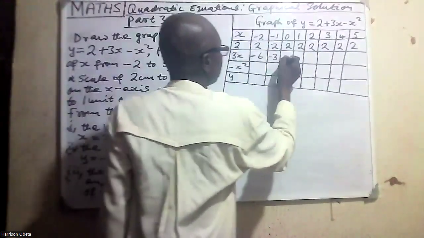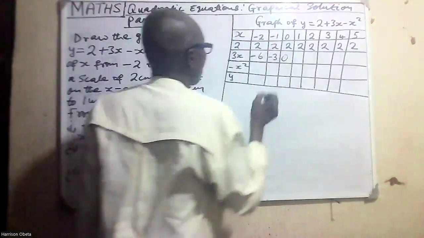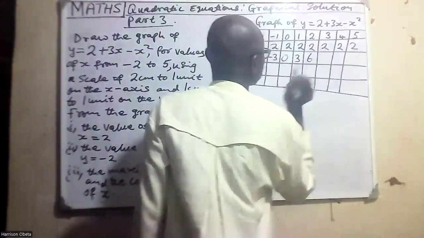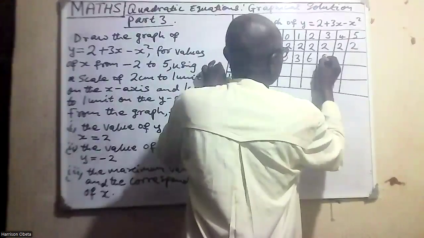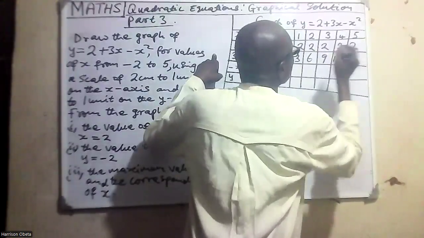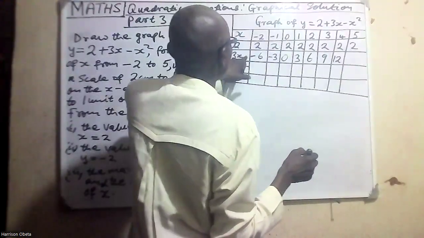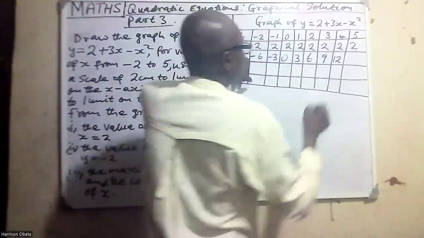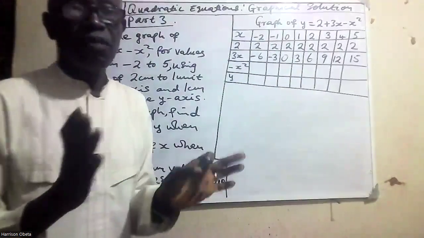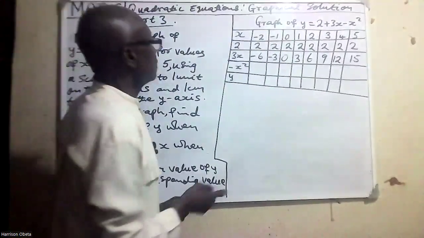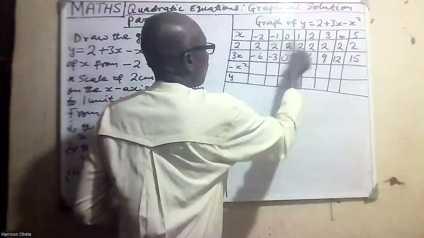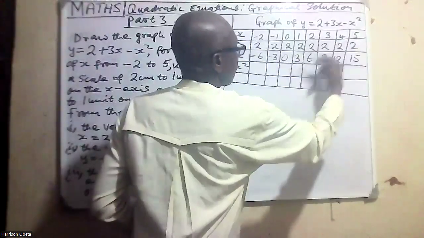When x is 0, you have 0. When x is 1, you have 3. When x is 2, you have 6. When x is 3, you have 9. When x is 4, you have 12. And when x is 5, you have 15. So that is using each of the numbers to multiply out.